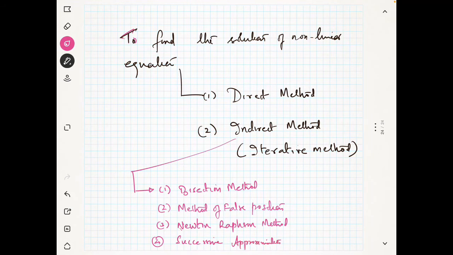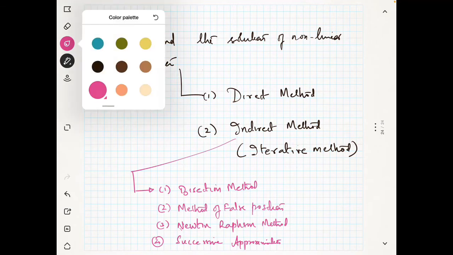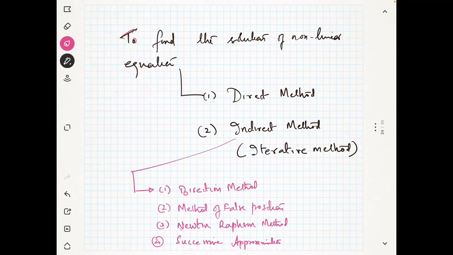Okay, and I would like to tell you these first two methods, both are coming under a special category, bracketing method. And the other two, which are coming under the category of open method. Then we will see what is this bracketing method and what is open method.